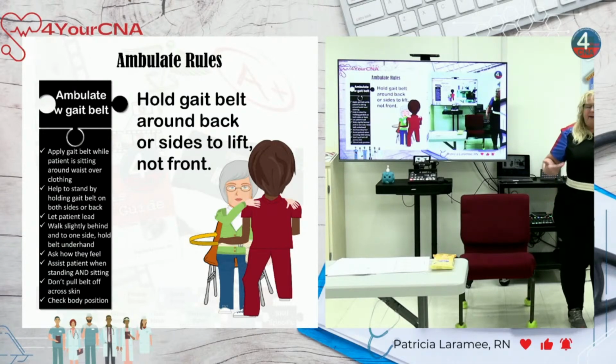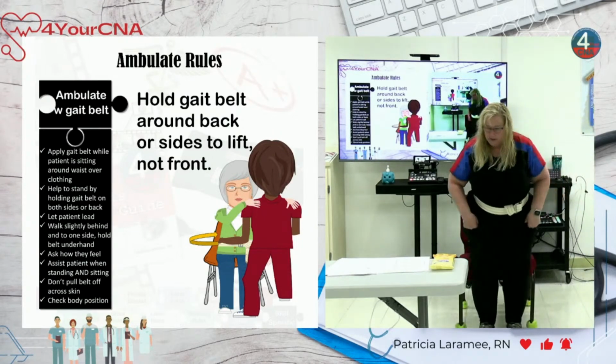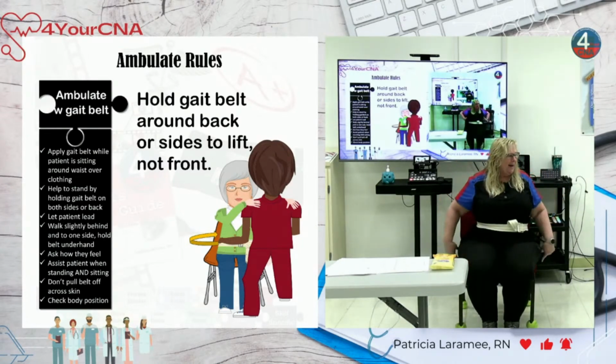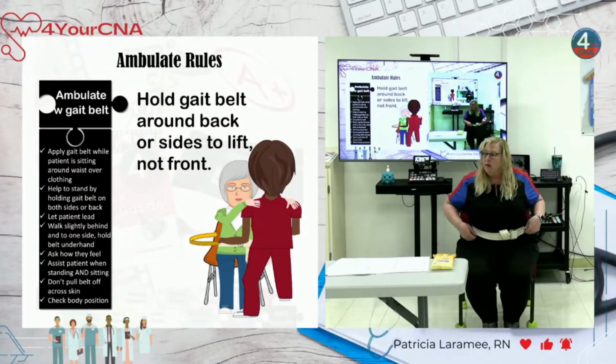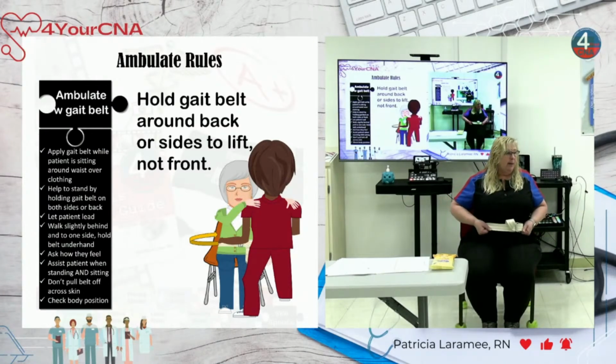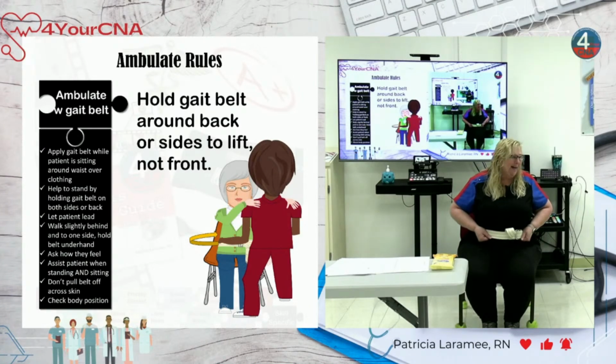When we go to lift our patient, you don't want to lift from the front. Most of my body weight is on my back. If I'm sitting, most of my body weight is back here. This is where you're going to lift from. If you're lifting from the front and pulling, you're not pulling where the body weight is.